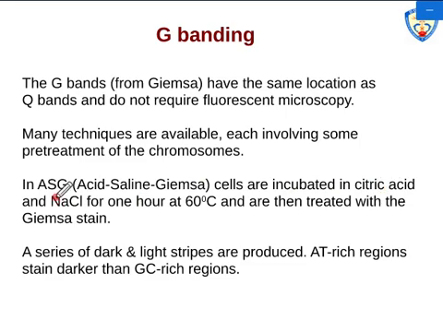So in ASG, that is acid, saline, Giemsa, the cells are incubated in citric acid and NaCl for 1 hour at 60 degrees Celsius, and after this they are treated with the Giemsa stain. The result is a series of dark and light stripes where AT-rich regions stain darker than the GC-rich regions.